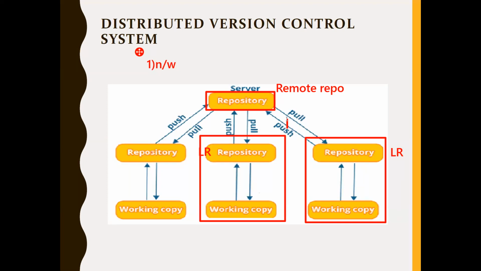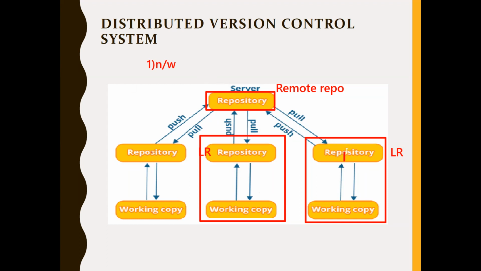Or else, once you want to get the changes, you pull them from remote. Majority of the time you work on the local repository, so you don't need network connections always. Only to push or pull you need it, but not always. That's how, even though network connectivity is not there, you can still continue your work.